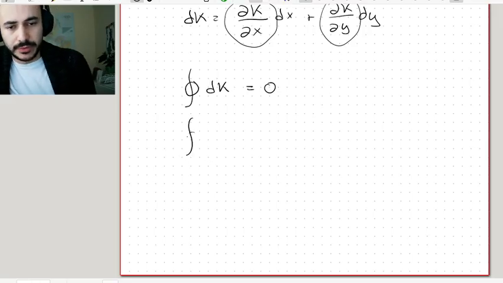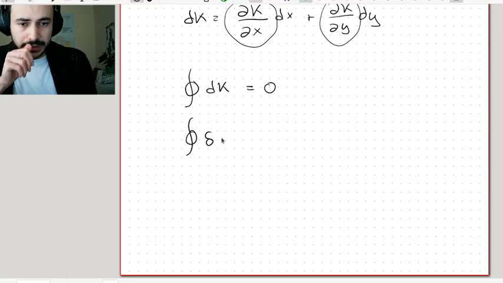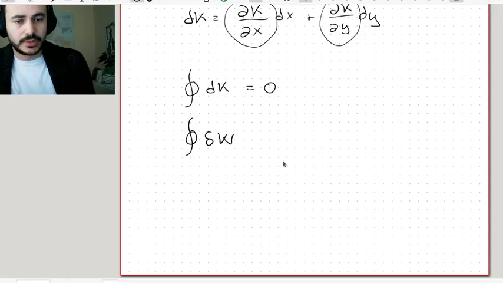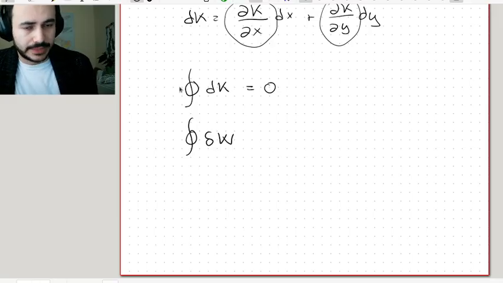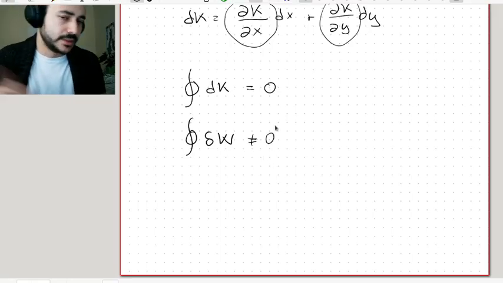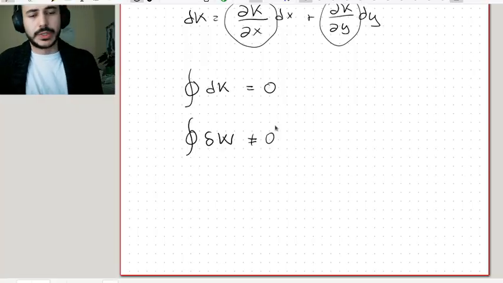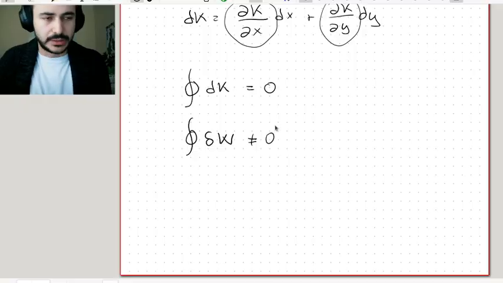Because you remember that when we finished the previous chapter, we saw that when you integrate the work done on the system over, for instance, any closed path, just like we are doing here, this was always going to be different from zero. It could be larger than zero or smaller than zero, depending on whether you go counterclockwise or clockwise.